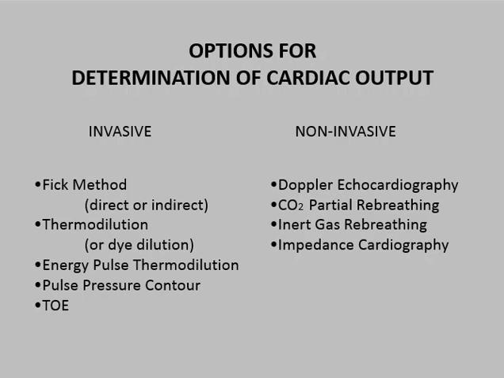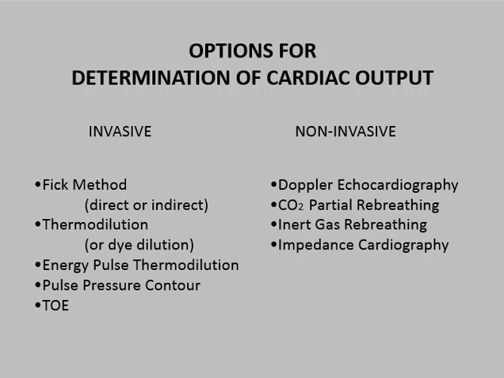You may as well know in advance that there are several options for determination of cardiac output. I say determination instead of measurement because they're not measurements. They're derivations or determinations, not a direct measured value. There are two basic types: invasive methodologies and non-invasive methodologies.